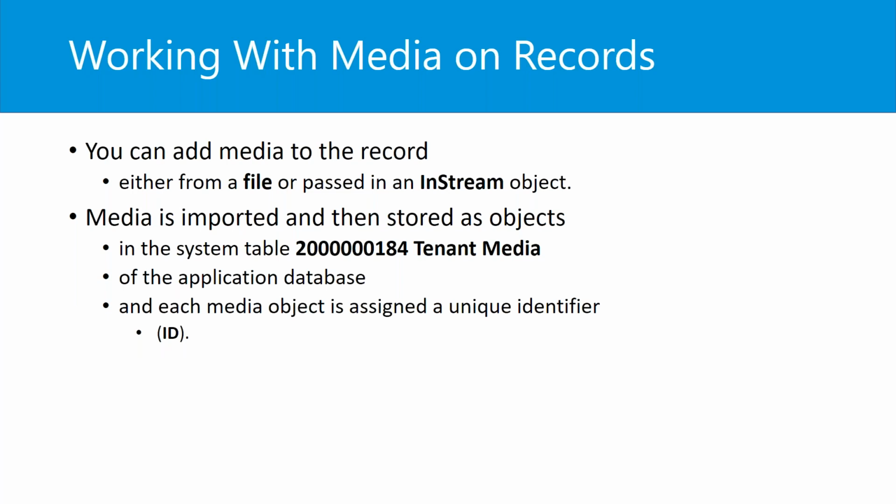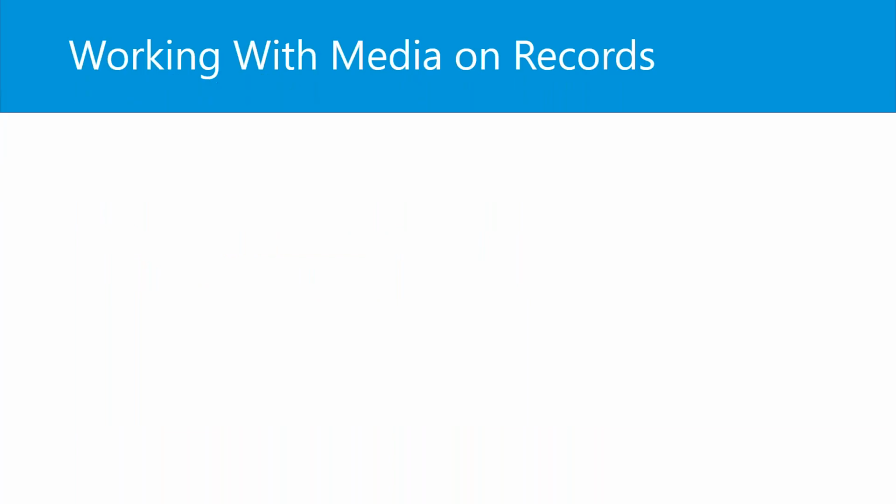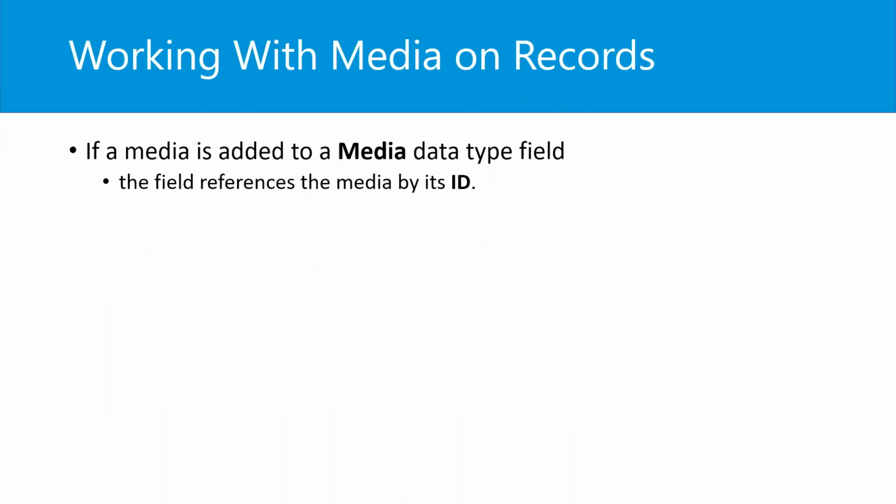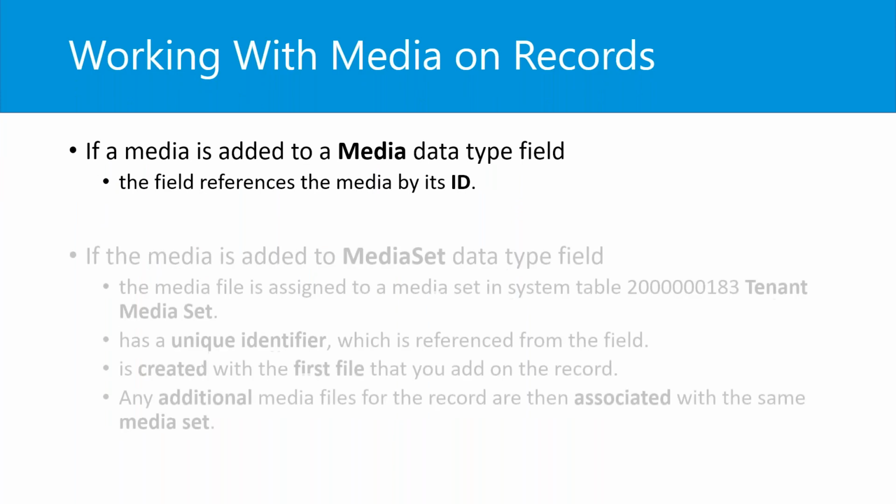Now, how does it work? We can add media to our records via file using streaming, if you would like that. In the database, it's stored in our tenant media system table of the application database. And each media object is assigned a unique ID, which we can then, of course, also reference. It's usually a GUID and that is used. If we add a media field to a media data type, and then we use the ID.